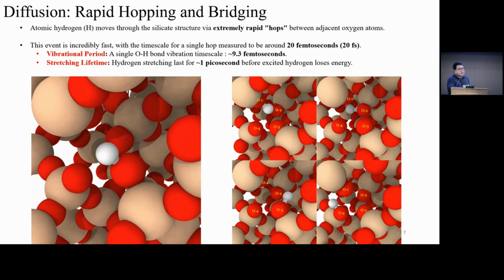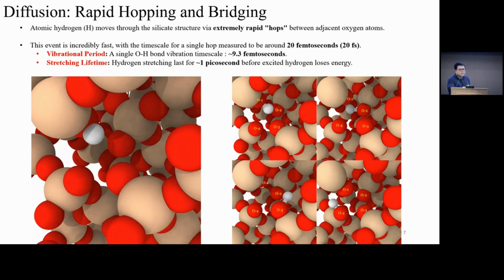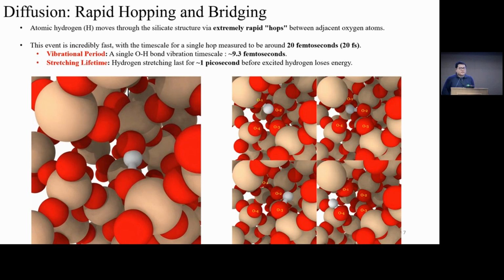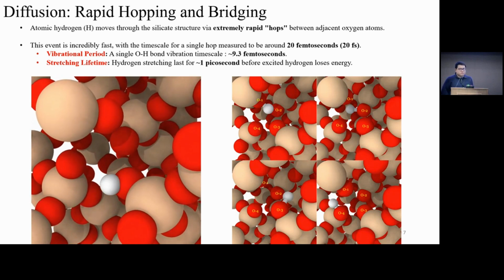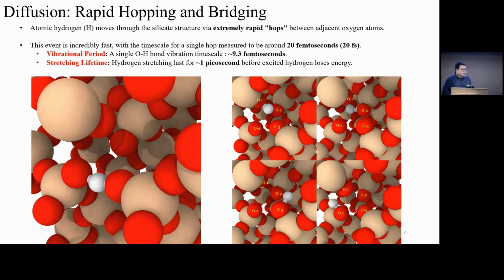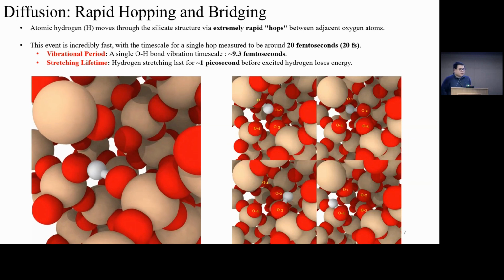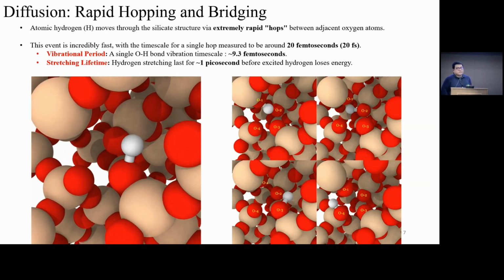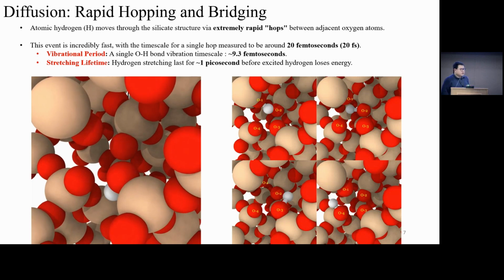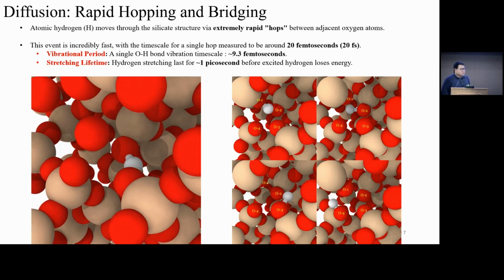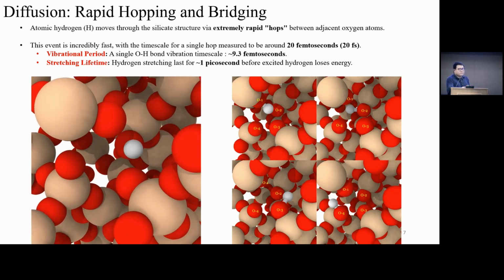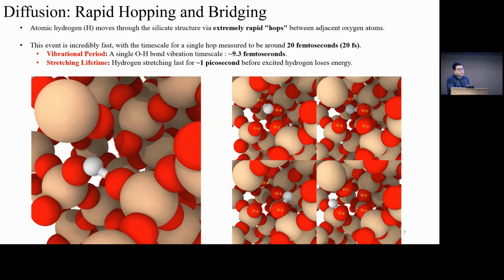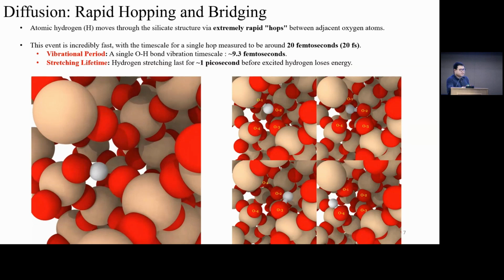But the hopping is very, very fast, within a time scale of 20 femtoseconds. Essentially, this 20 femtoseconds is very close to the hydroxyl stretching timescale. As a reference, the hydroxyl stretching vibration timescale at 2.8 micrometers is 9.3 femtoseconds, and the overall lifetime of this hydroxyl stretching is about 1 picosecond before the excited hydrogen loses its energy.